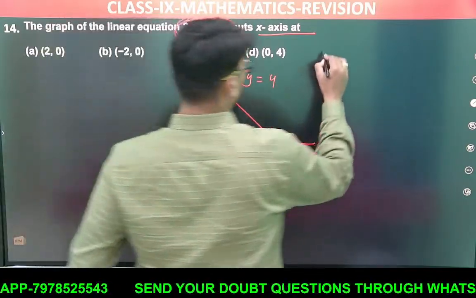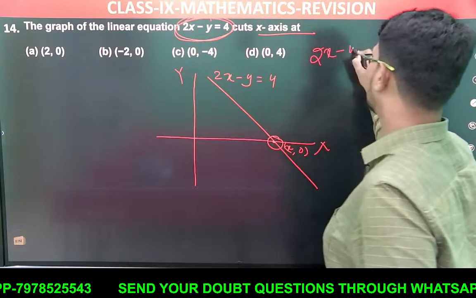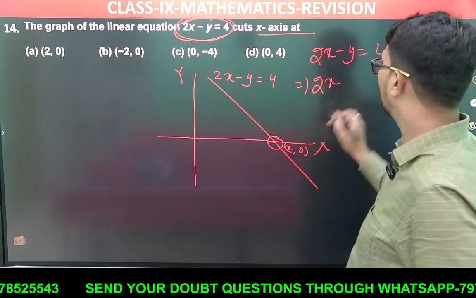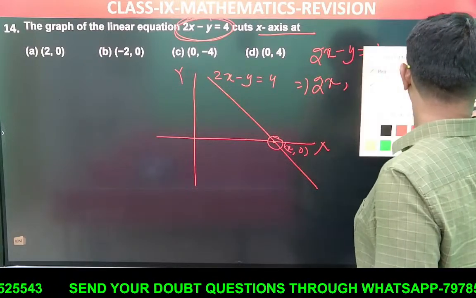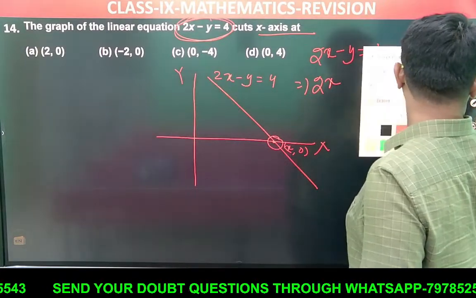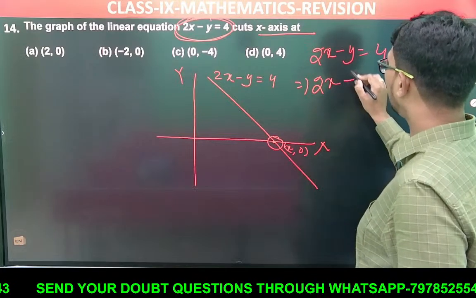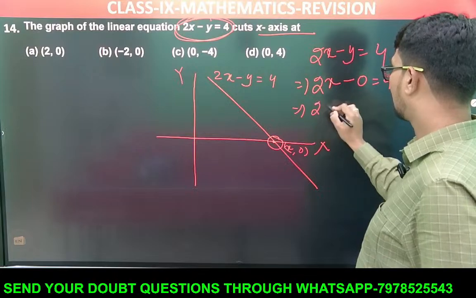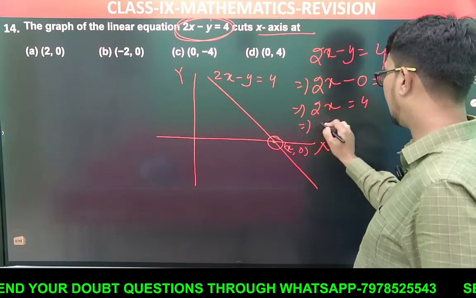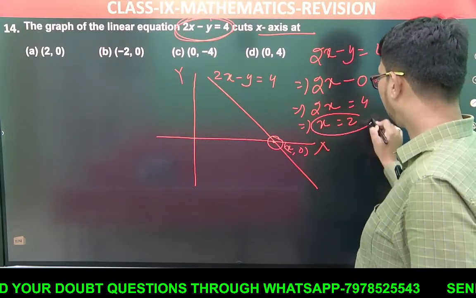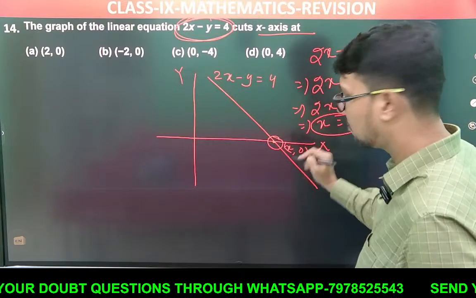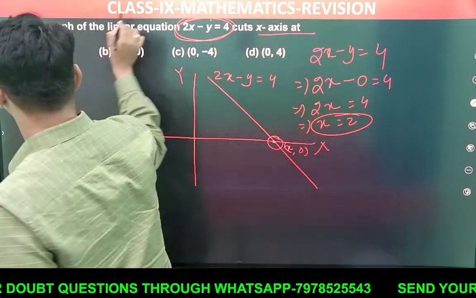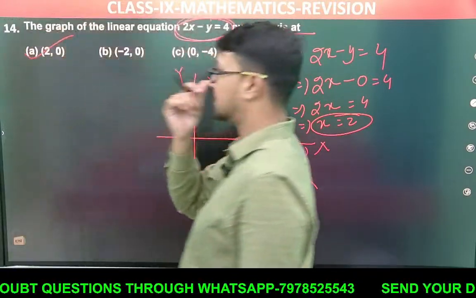So in 2x minus y equals 4, putting y as 0, we get 2x equals 4, and x equals 2. If x is 2, the point is (2, 0). This is the answer.